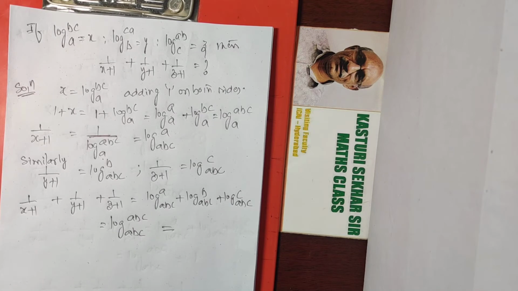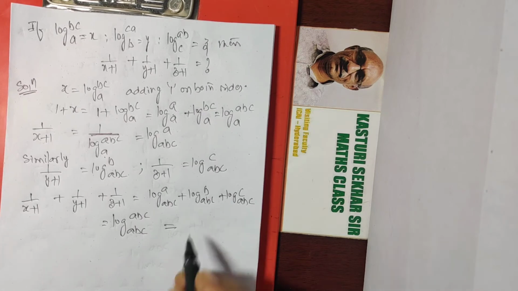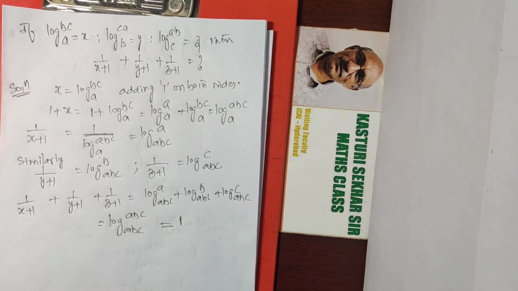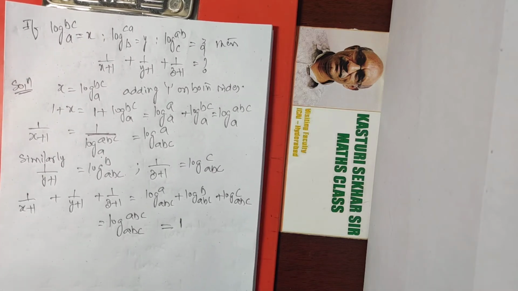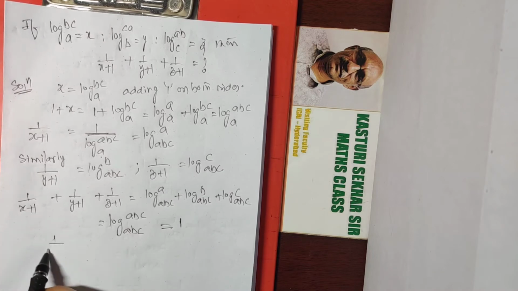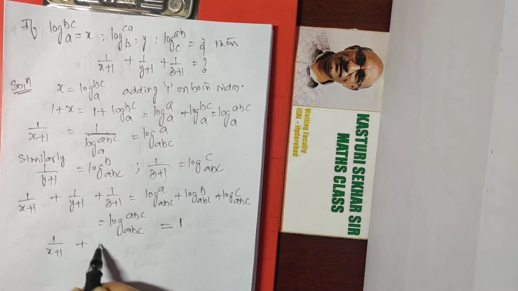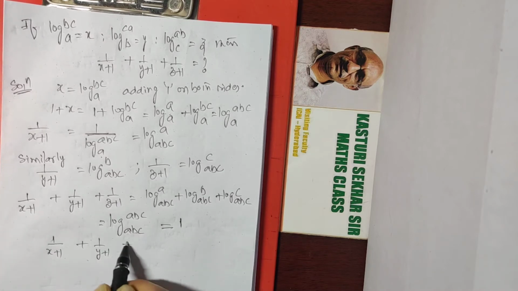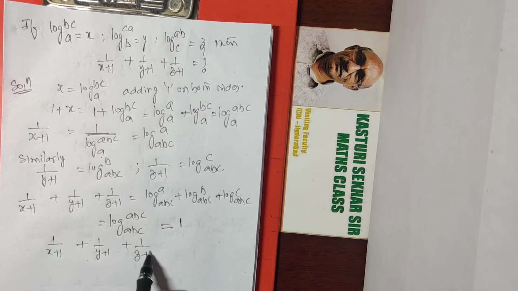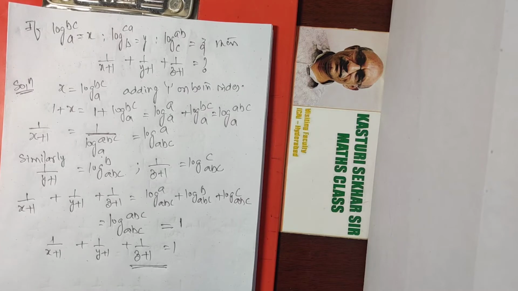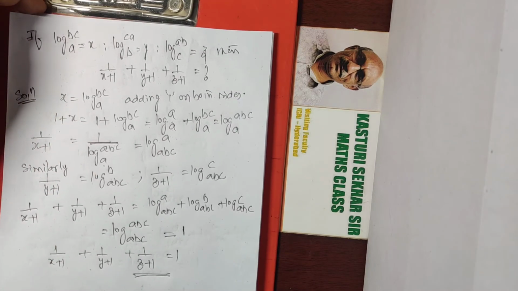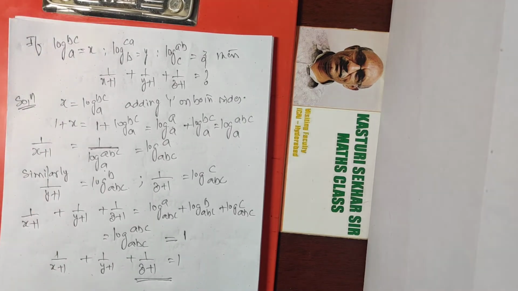Logarithm of any number having same base is equal to 1. Therefore, what is the answer? 1 by x plus 1 plus 1 by y plus 1 plus 1 by z plus 1 is equal to 1. This is the answer to this question.